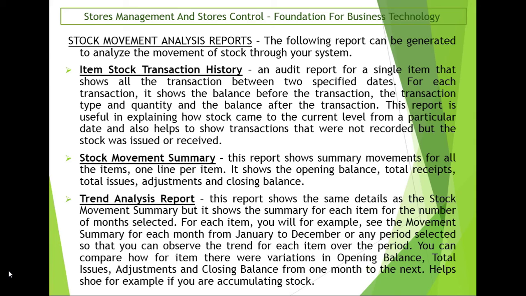The next line shows another transaction, which is probably an issue or a sales transaction, where you start with 20 and you sell 5 and you end with 15. So it goes on and on, showing you exactly how the balance of the item was changing.